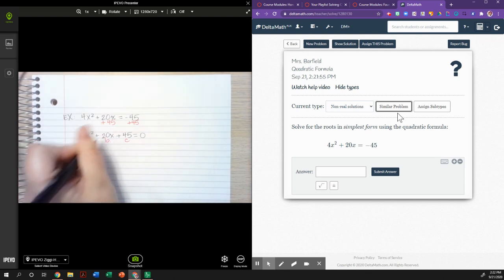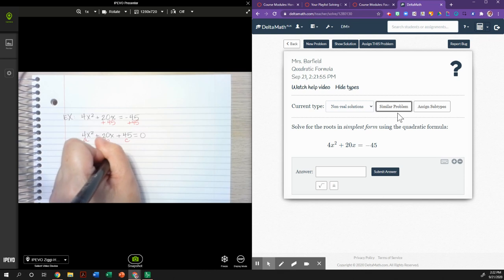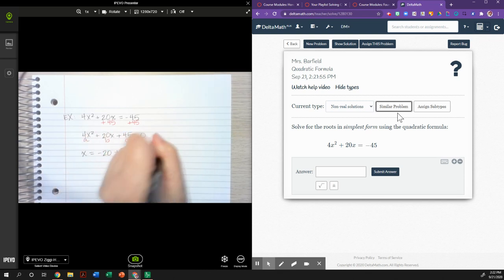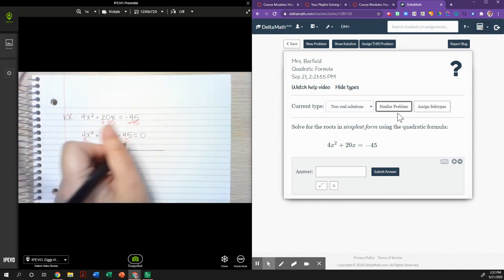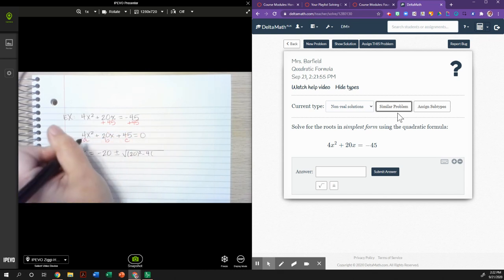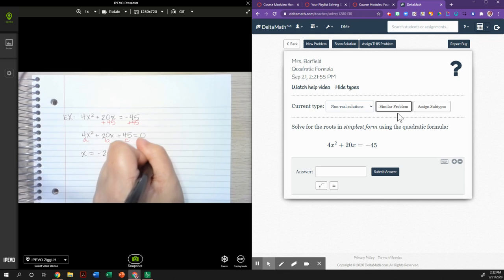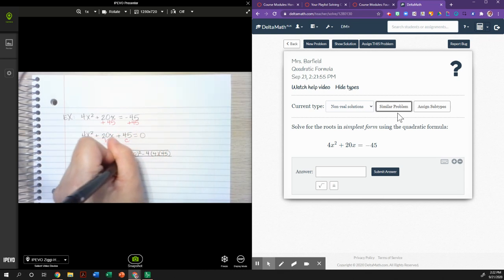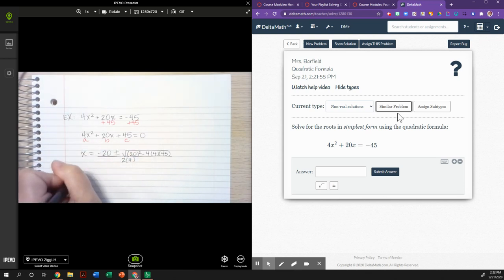So x equals the opposite of B, which is negative 20, plus or minus the square root of 20 squared minus 4 times 4 times 45, all over 2 times 4.